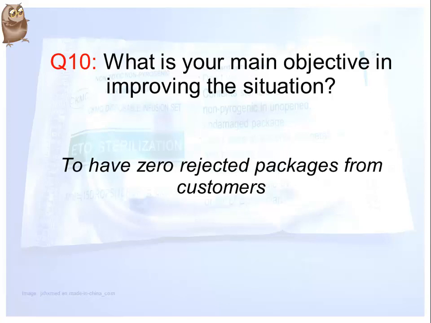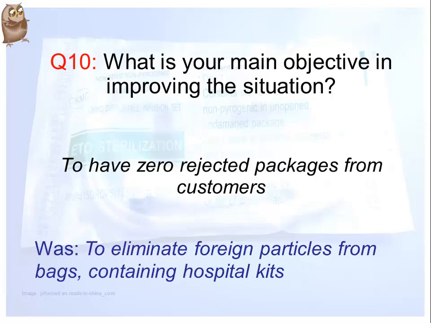This time the engineer reformulated his goal to have 0 rejected packages from customers. You may recall that originally his task sounded quite different. He had to find ways to eliminate all foreign particles from the packaged kits. Do you see that there is a giant difference between these two tasks?